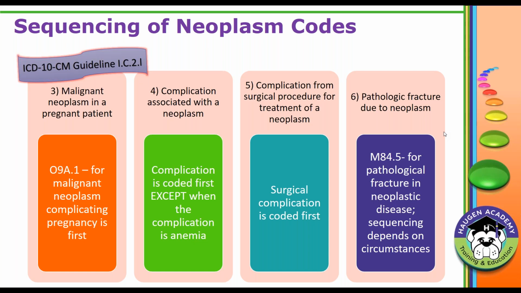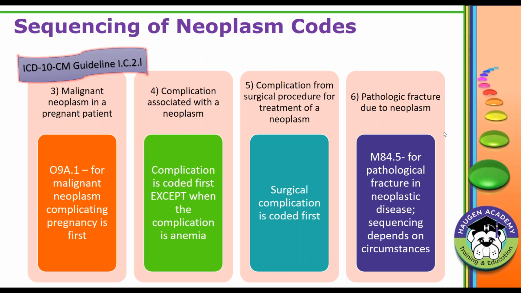Complication from surgical procedure for treatment of a neoplasm. When the encounter is for treatment of a complication resulting from a surgical procedure performed for the treatment of the neoplasm, you should designate the complication as the first listed. And pathological fracture due to neoplasm, this is going to depend on the circumstances of the admission or what the reason for the encounter was.